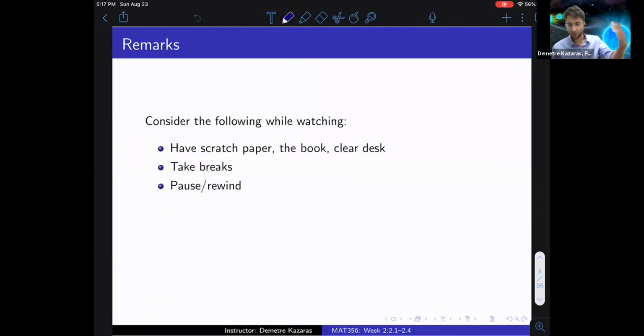Have your laptop, or whatever you watch this on, at a desk. Ideally, I know not everyone has a nice space like that, but have a desk, some scratch paper with pen or pencil, and the book up as a PDF or as a physical copy open to the same section, so you can pause, take breaks, rewind, and absorb the material better, maybe make notes to yourself.